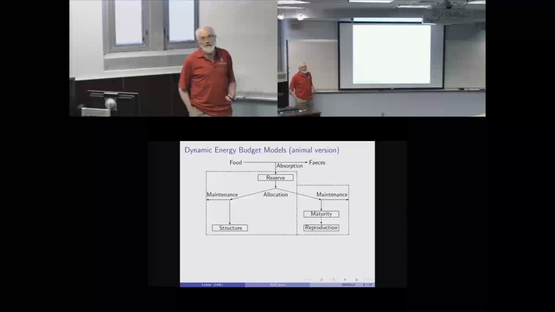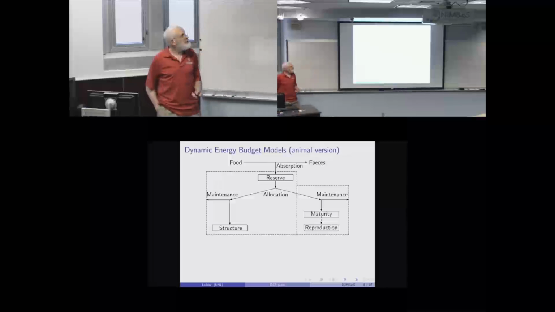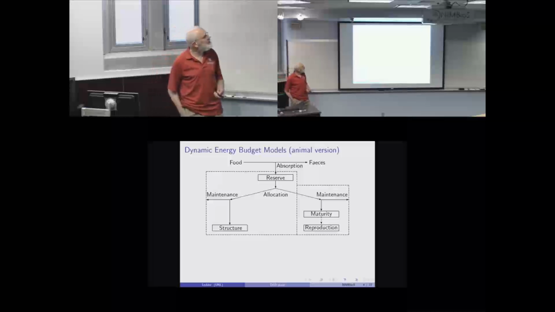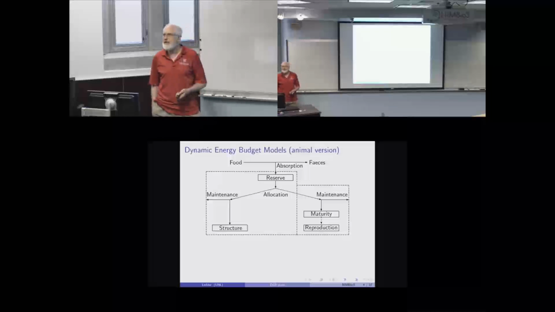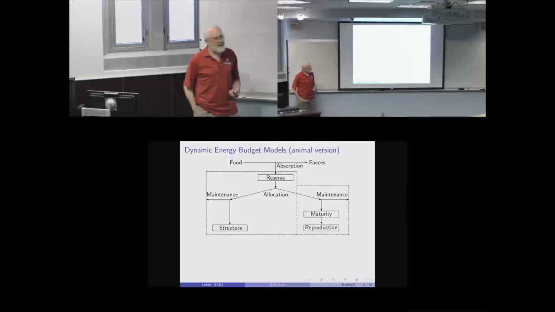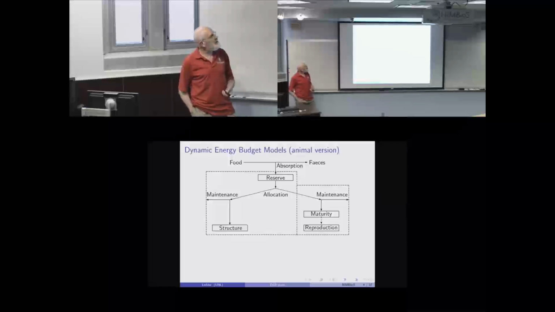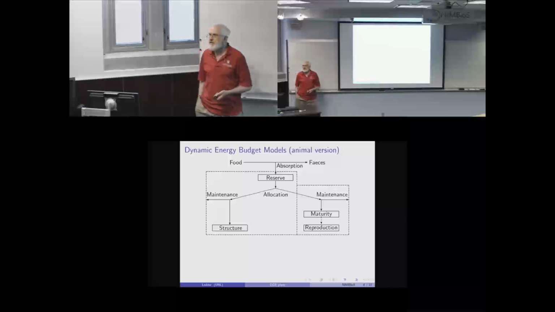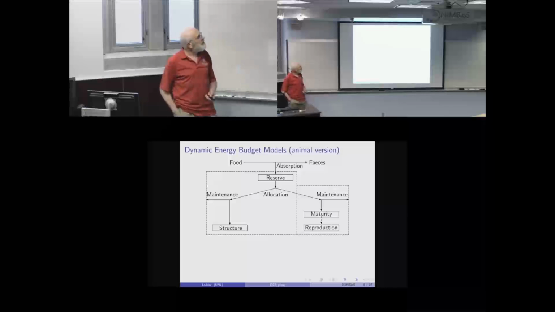So here's a schematic of what a dynamic energy budget model looks like. This is taken from a survey review, not sure what to call it, paper that I published about a year ago. So in a general animal version of a dynamic energy budget model, we're tracking the resources. Resources are collected as food.